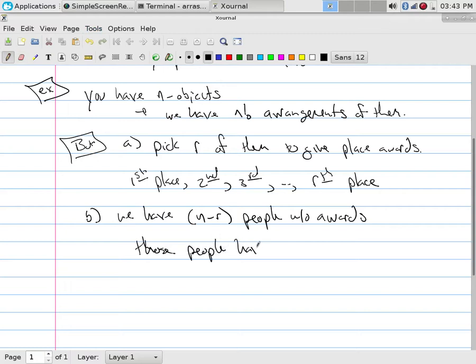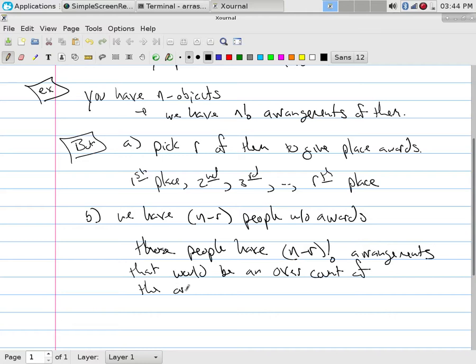Those people have n minus r factorial arrangements that would be an overcount of the original n factorial.